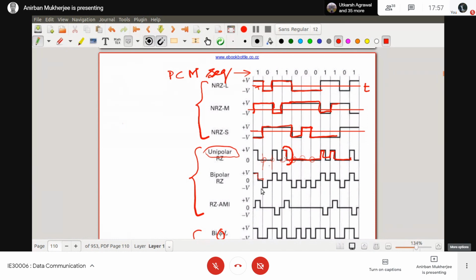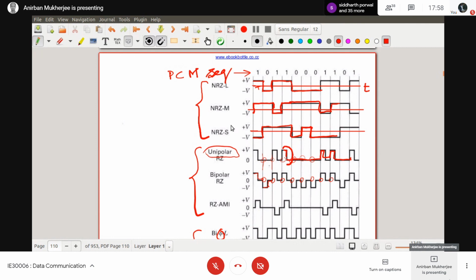So bipolar RZ: return to 0 means I have to always see that at the end of this one I have to return to 0. You see, everywhere I will be at 0, whatever may be my state. This is my end, and again this is my end, and all are at 0. So that means it is return to 0.